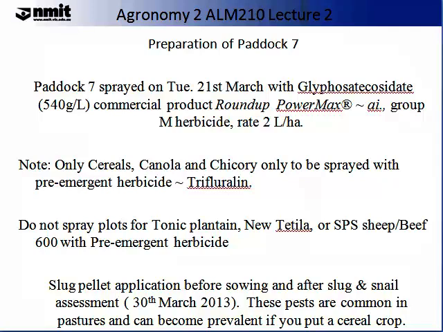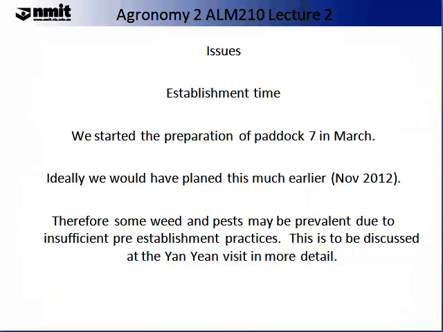Therefore, on the 30th of March, assessment of slug and snails were conducted by the vet group. These pests are common in the pastures, and preventative methods were implemented to reduce their numbers. There are always issues when you change the content of a field.